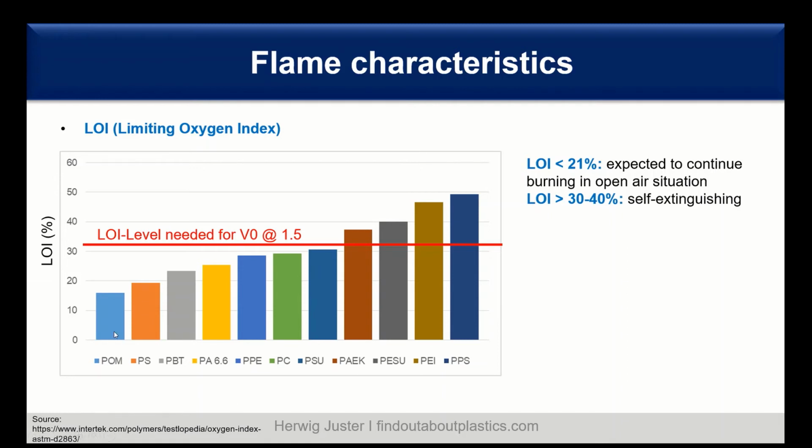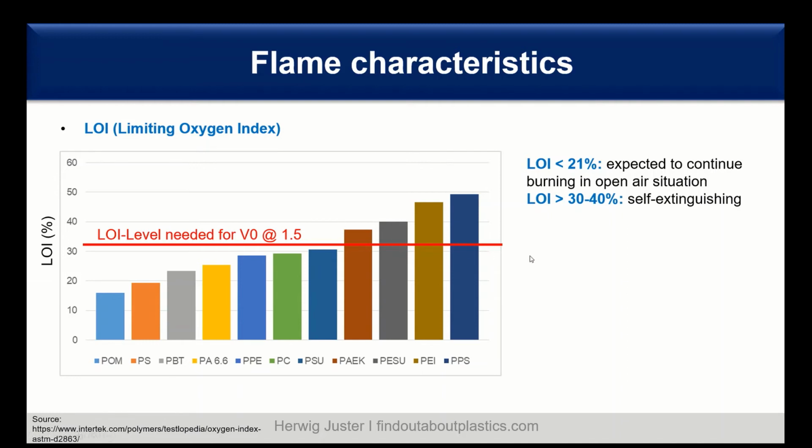And when we look now at the different materials, at POM, for example, we are below 20, polystyrene, PPT are on the border to 20, so they will be expected to continue burning in an open air situation.